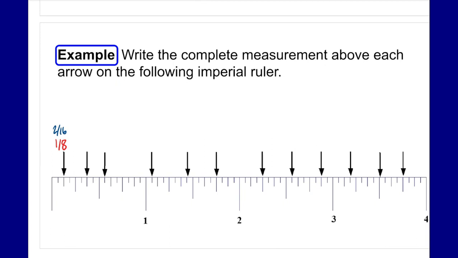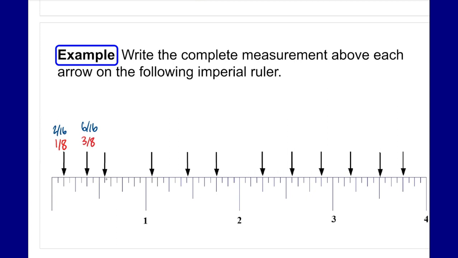Again, the next one, if we count by 16ths: 1, 2, 3, 4, 5, 6. So we have 6/16. What we could also do is count by the second largest line. So we have 1/8, 2/8, 3/8, which also works out.